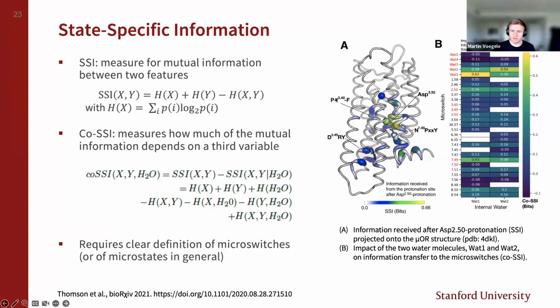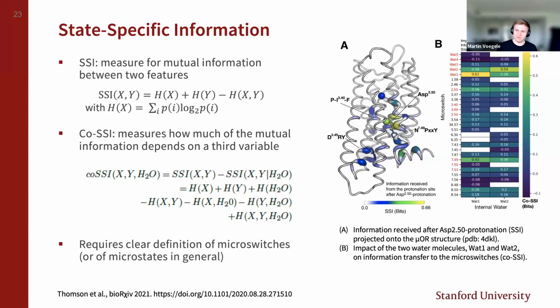So you can, for example, here in this receptor, we change the protonation state of this residue, and then we can calculate if I did not look at this residue, if I only looked at any of the other residues in which state they are, how certain could I be that from that I correctly guess the state of this aspartate here? That is basically what the state-specific information tells us.